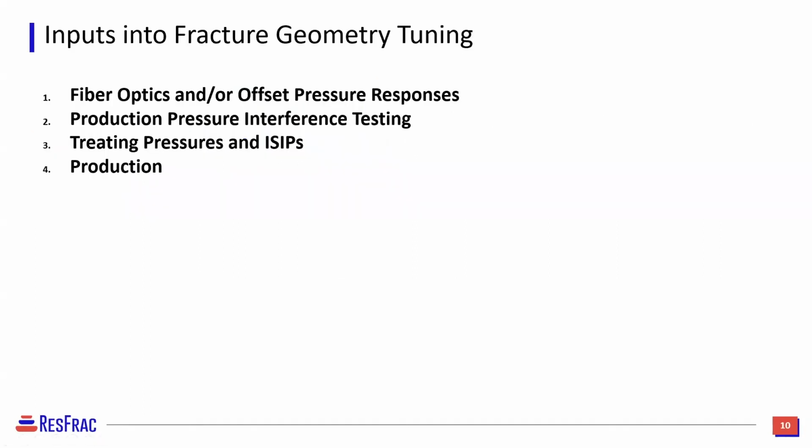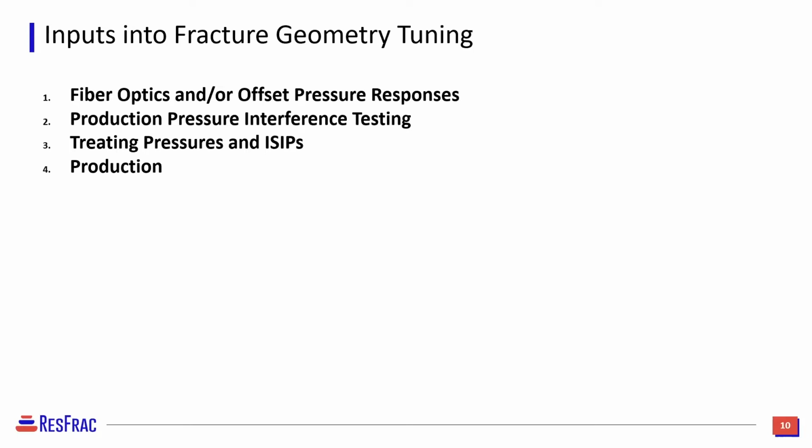So here we are. What are some of the different high-end inputs into the fracture geometry tuning? The first, and one we've started to see a lot, is the fiber optics and/or offset pressure responses, potentially. It's done wonders to be able to put together actual frac lengths and understanding the amount of frac hits, all kinds of stuff.